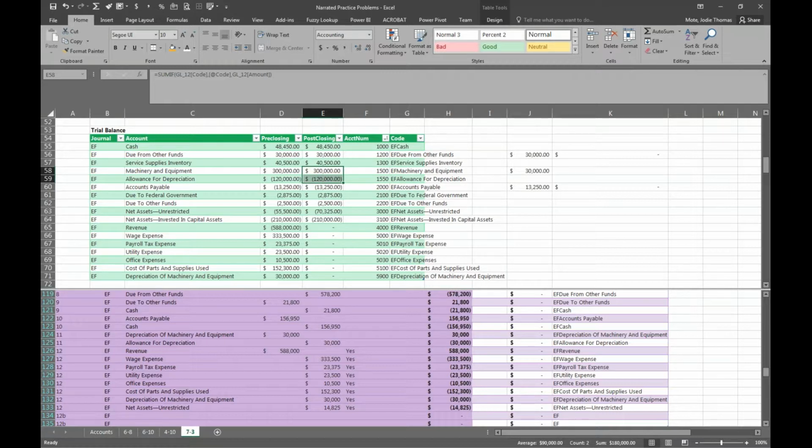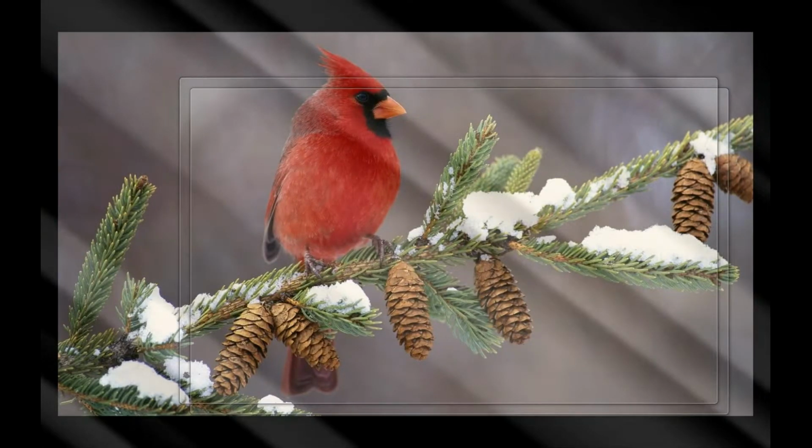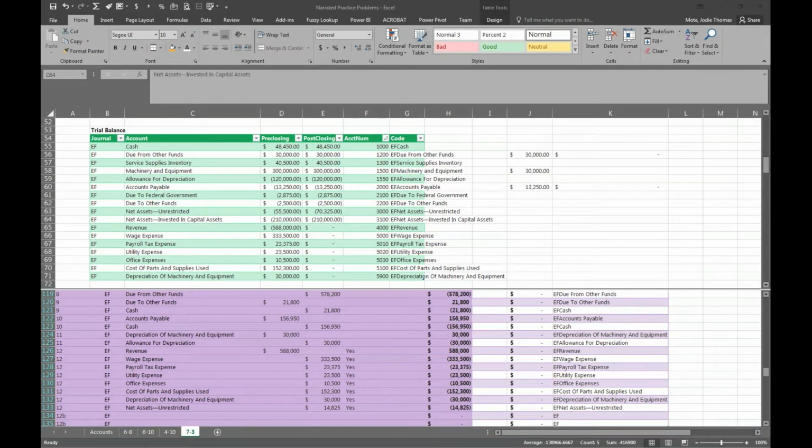Okay, so what you have to do at the end of each year, in an internal service fund where you are designating a certain amount as being invested in capital assets, is update that capital assets number. The way you go about that is you start with your beginning balance in the account, which is 210,000.